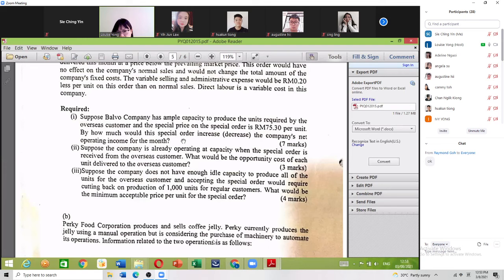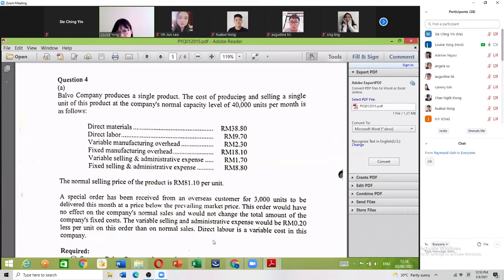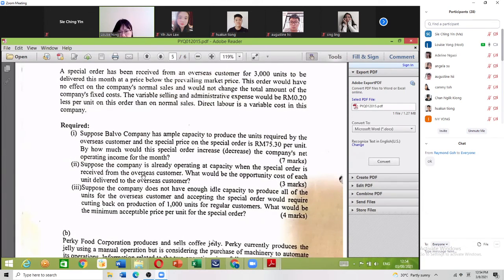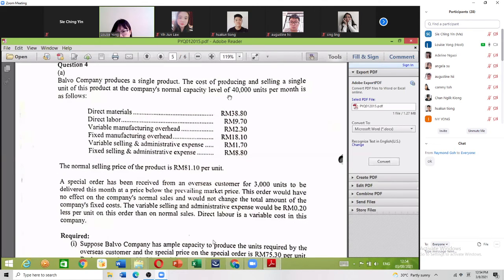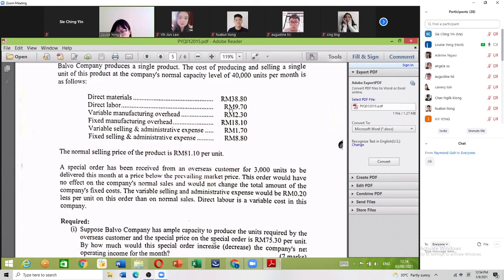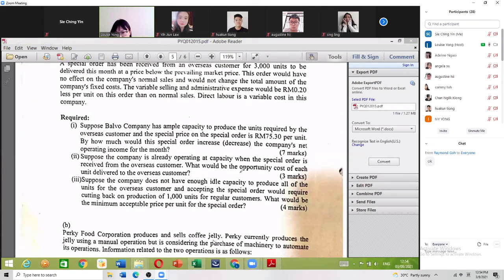What does this mean? The company's capacity is 40,000 units for normal customers, which is exactly at capacity. If you accept the overseas order, what will be the opportunity cost of each unit delivered to your overseas customer? If you accept the 3,000 units, you need to cut 3,000 units out of the 40,000 to produce the special order.